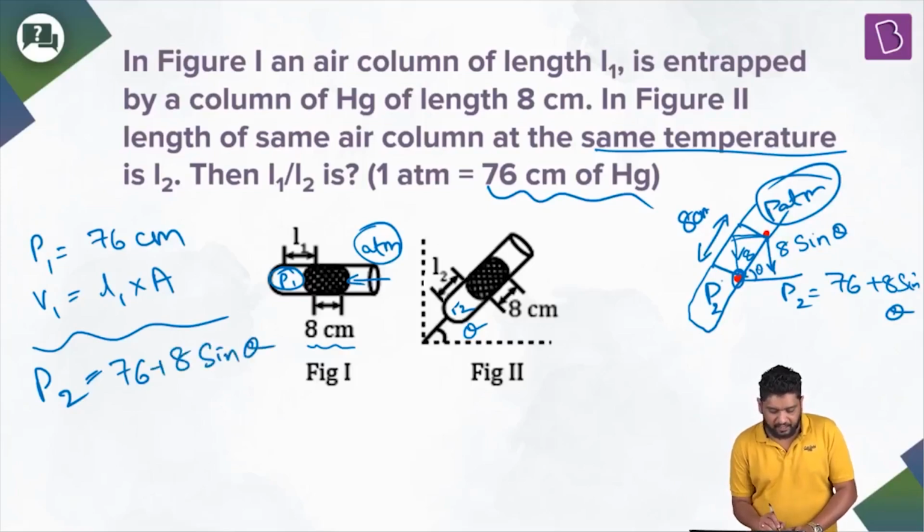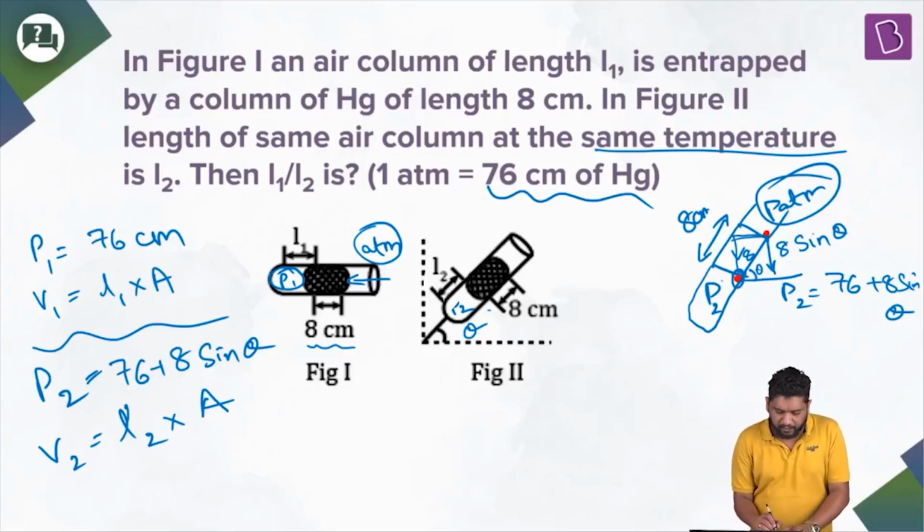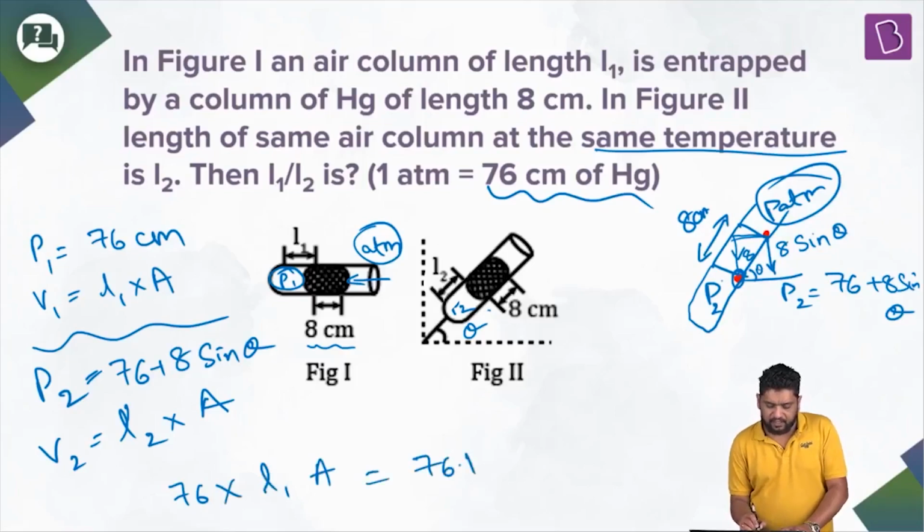As far as V2 is concerned, it will be L2 into A. L2 is the length of the air column, and length into area of cross section is the volume. So P1 V1 should be equal to P2 V2. So 76 into L1 A should be equal to (76 plus 8 sine theta) into L2 A.